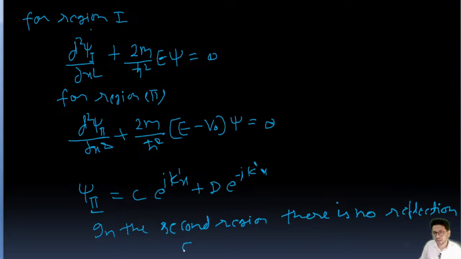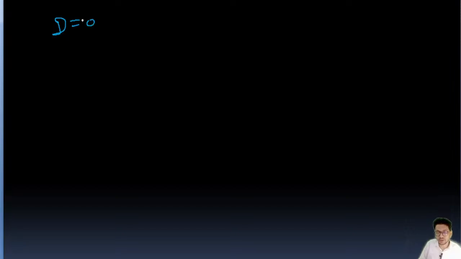Because E is greater than V naught, right? So in that case D, the reflected part, is going to be 0, that is, D equal to 0. So the wave function psi 2 is going to be C e to the power iota k dash x.